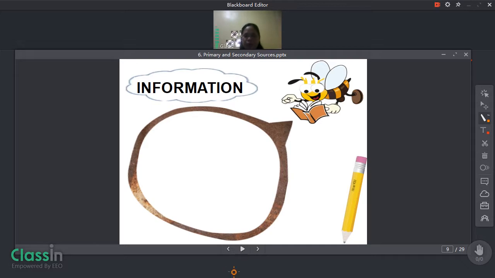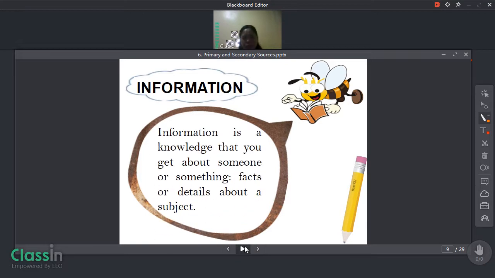Information is the knowledge that you get about someone or something, facts or details about a subject. For example, simply asking the name of your classmate is information. Giving directions is also information.